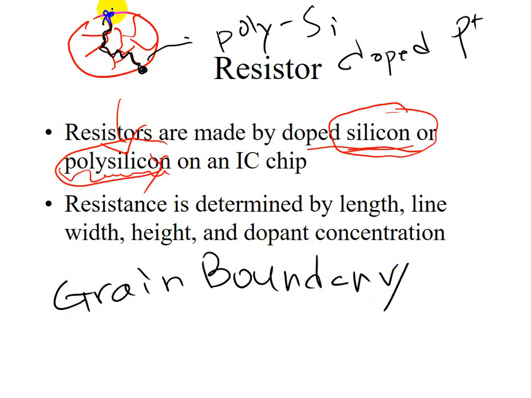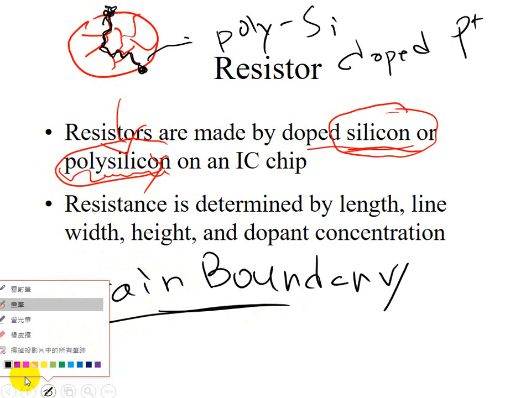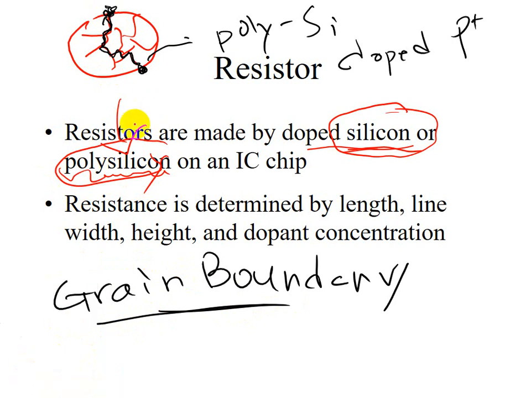For charge carriers, traveling along grain boundaries is fast. This is so-called grain boundary diffusion. It's a fast process, so you can use charge carriers traveling along grain boundaries to carry the signal. So polycrystalline silicon can be used as a resistor, depending upon the dopant concentration.